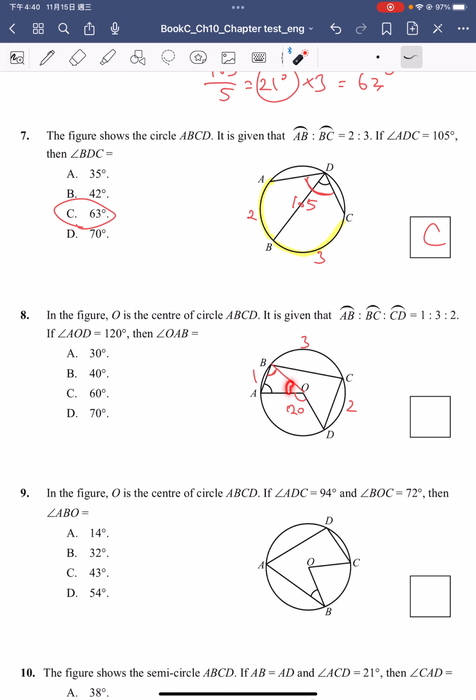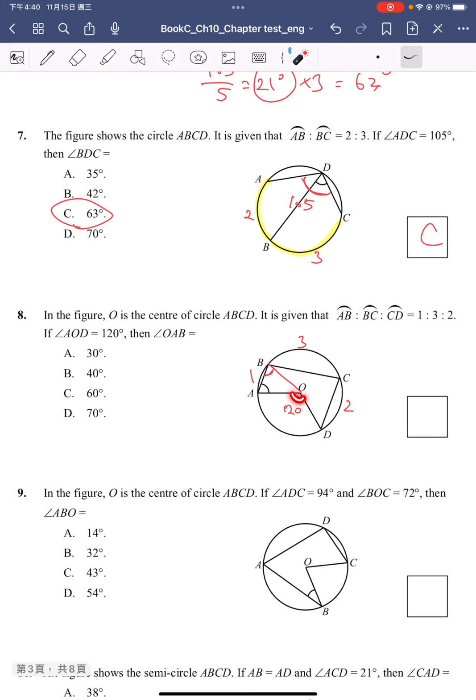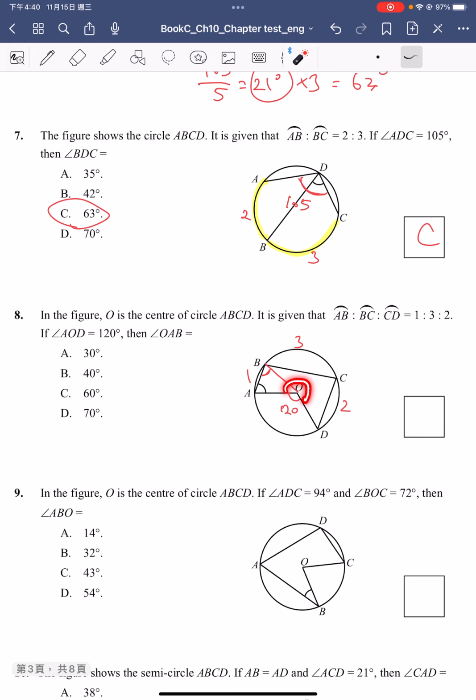So this angle and the ratio to the others is going to be the same. And what we already know is the reflex angle of AOD is going to be 240, and this 240 is going to be distributed to how many people? So 1 plus 3 plus 2 gives you 6, isn't it? So we have the 240 degrees distributed to 6 persons, so each person gets 40 degrees.